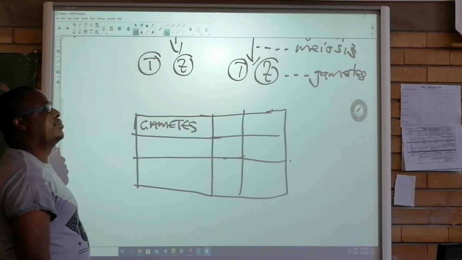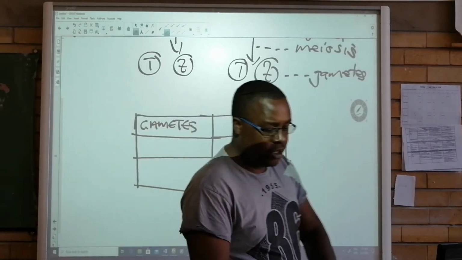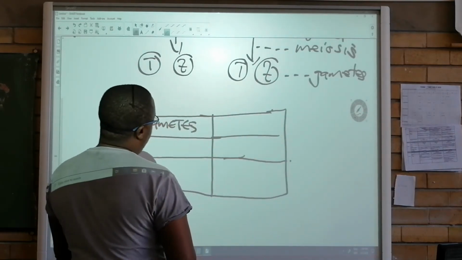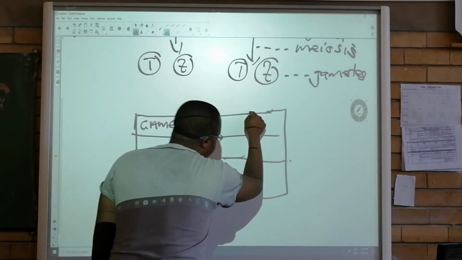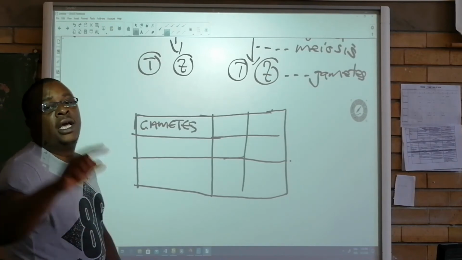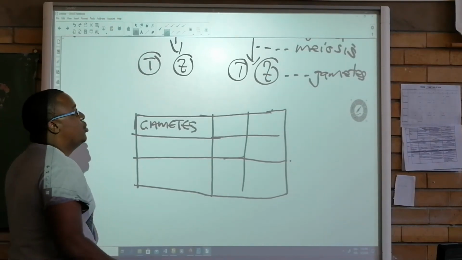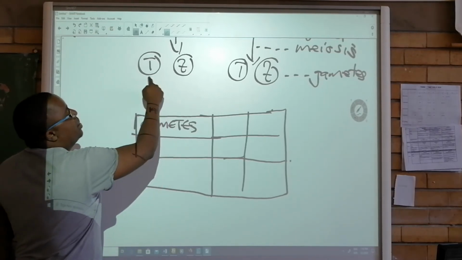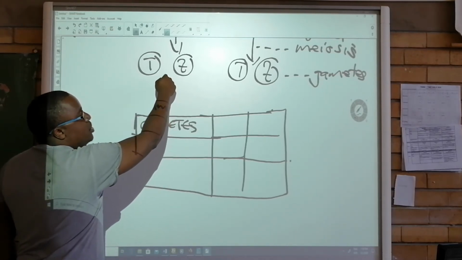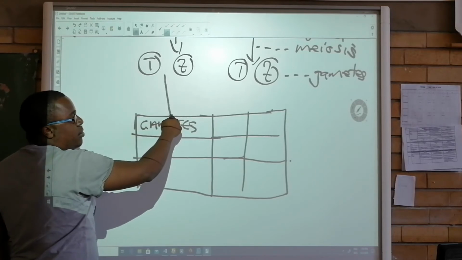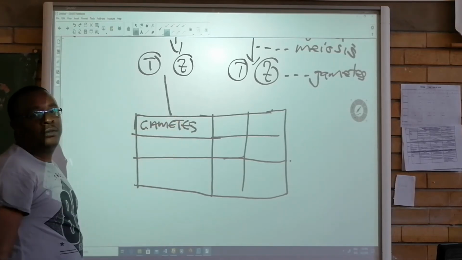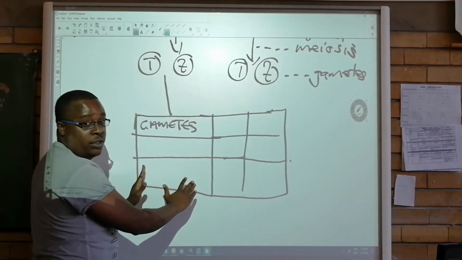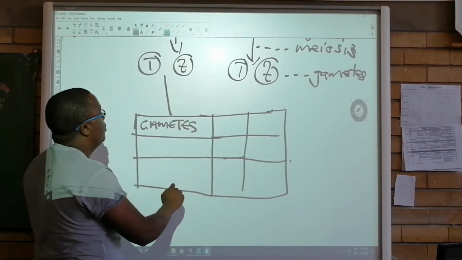Let's make them the same size. Then you take a ruler and put a line, an arrow in between these two. Then these gametes drop into this column.